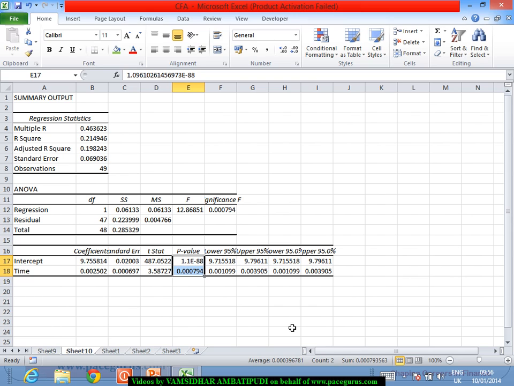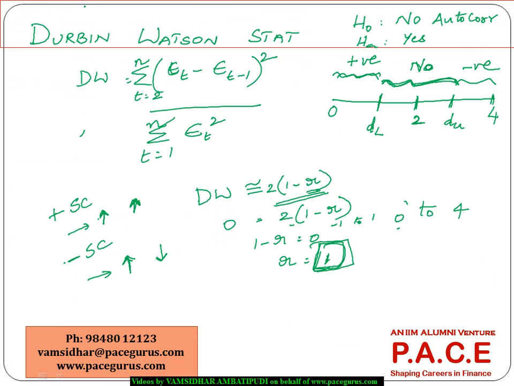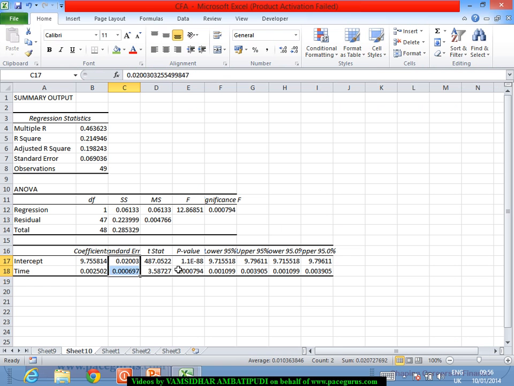There are various methods to remove it, but again there is the Hansel's estimate wherein the standard errors are modified. The modified standard errors are represented here, and the model is retested.